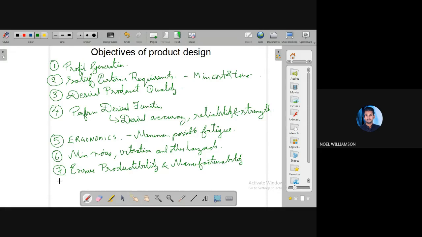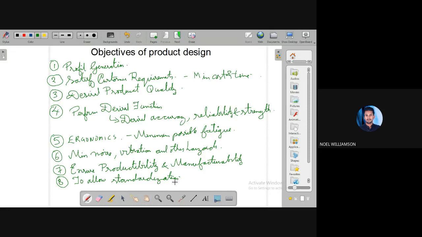Optimized resources for all components. That is, we have to make standard design. That means we are keeping some standards, and according to which it will be designed. That is to allow standardization.